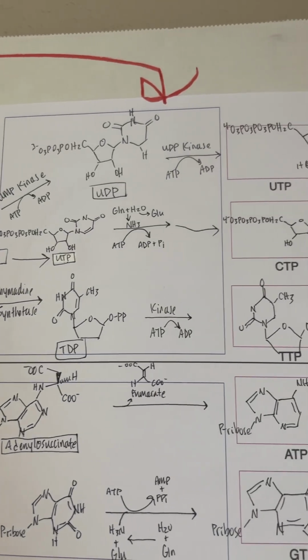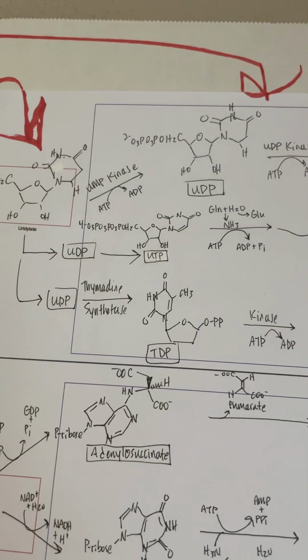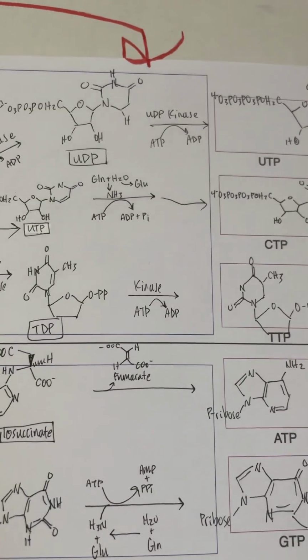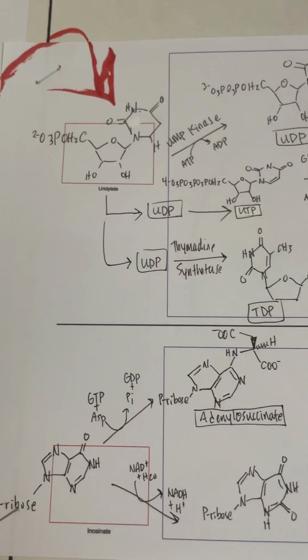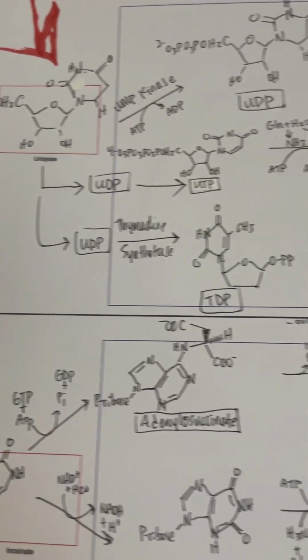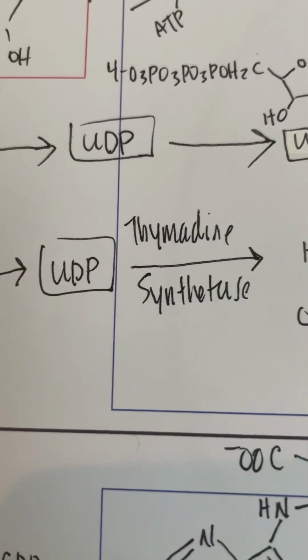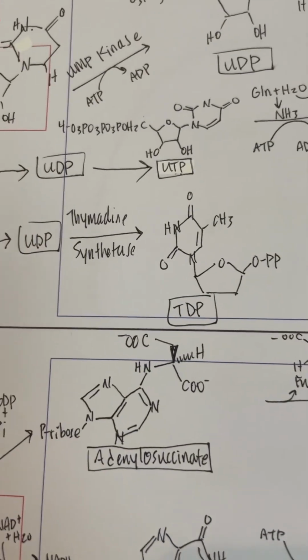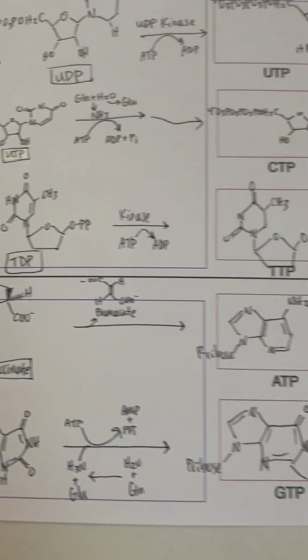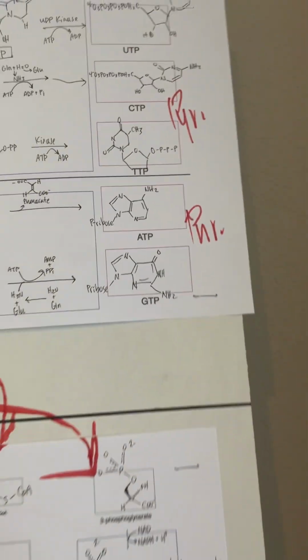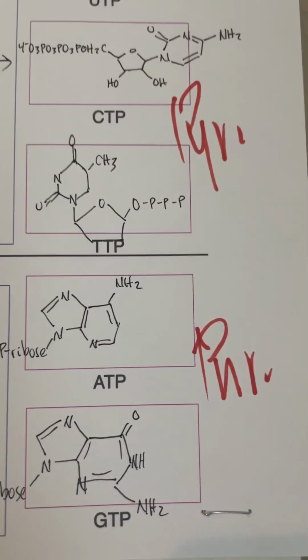UTP can then be used to synthesize CTP, and through our UDP, we can then transform through the thymidine synthetase to TDP, forming our TTP molecule here.